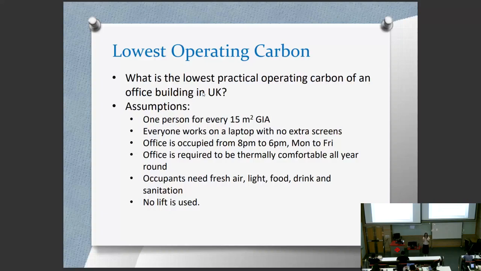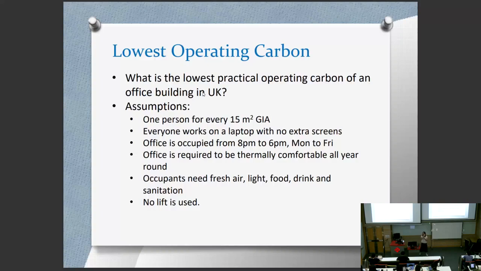This publication wants to find out a benchmark for the carbon footprint of an office building. And it used the concept of whole carbon footprint. So it evaluates what is the typical embodied carbon of an office building in UK, and it also wants to find out the typical operating carbon in the UK.